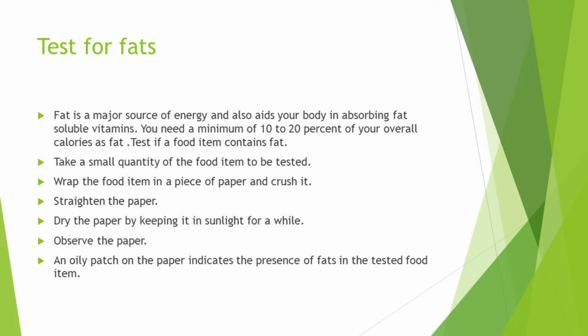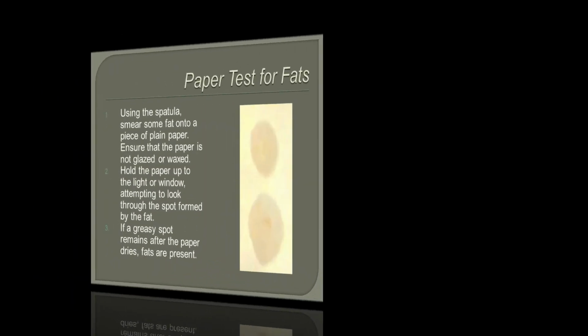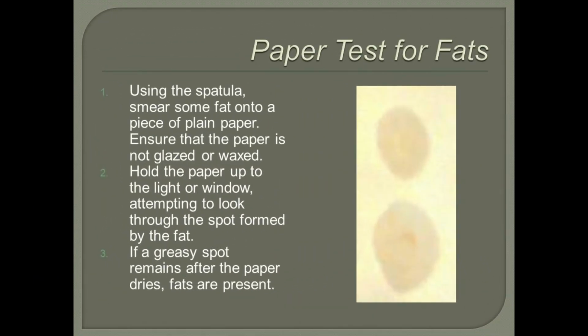Now test for fats. Fat is a major source of energy and also aids your body in absorbing fat soluble vitamins. You need a minimum of 10 to 20% of your overall calories as fat. Test if a food item contains fat. In this we have to take a small quantity of the food item to be tested.